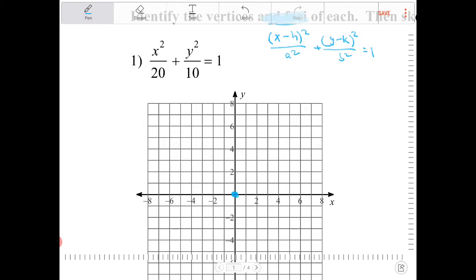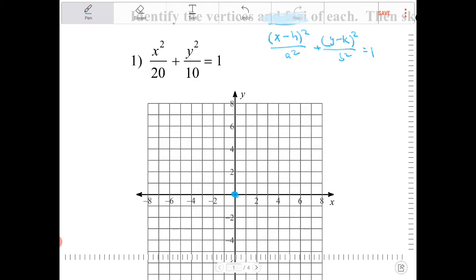Now, the next thing I'm going to do is gather other clues about this equation. Which points will this graph actually pass through? Like any situation, if you don't know something, the one thing that you can always do with no fail is to substitute in points and determine from there what the coordinates of the graph are.